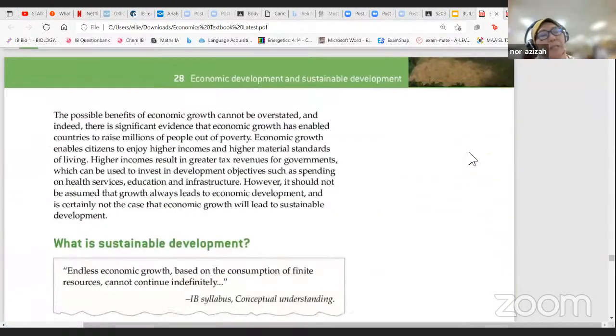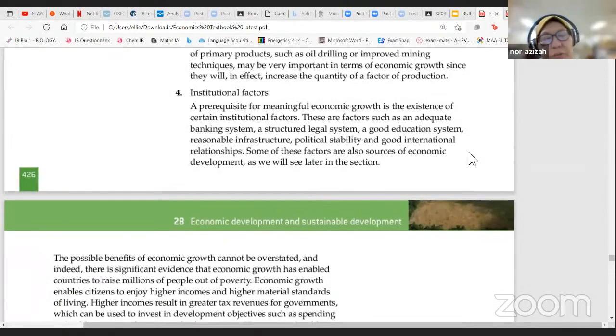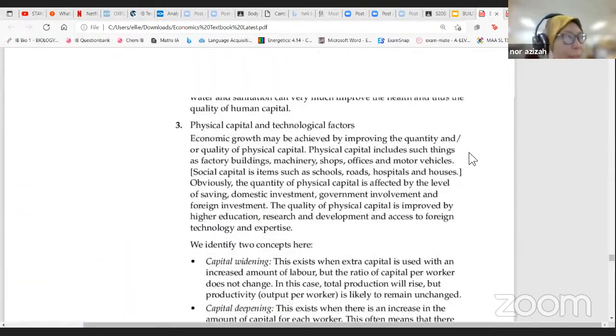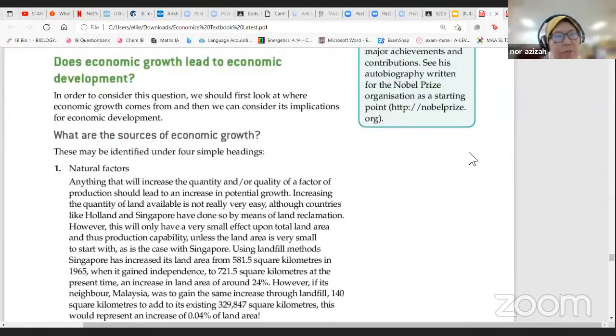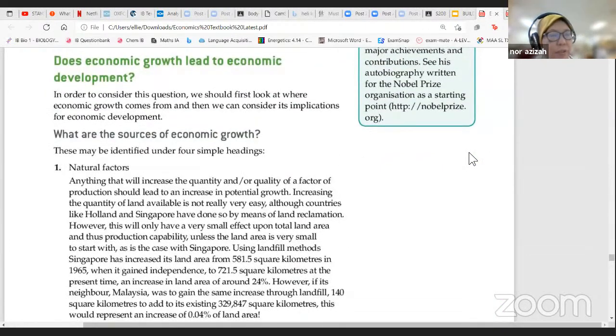So basically when talking about economic growth, if you go by diagram, there are two diagrams. One is the PPC diagram, production possibility curve or frontier. Another one is AD-AS. But if you go by the simple PPC curve, what makes the PPC curve shift outwards to the right?